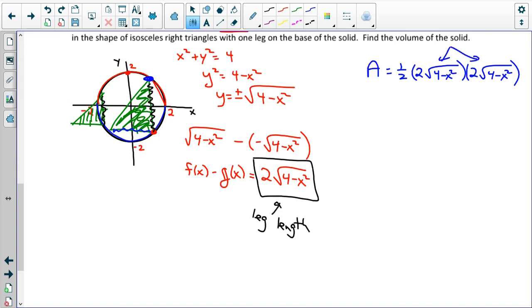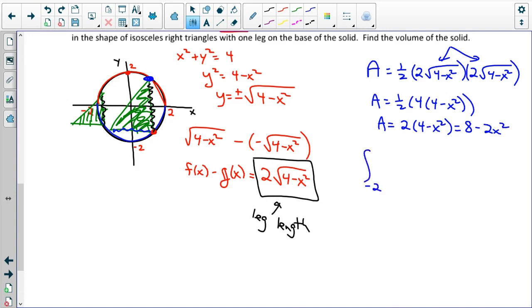Since these are the same, we can just write it twice, or we could put a squared if we wanted to. So area equals 1/2 times 4 times 4 minus x squared. So the area function that we're going to be integrating is 2 times 4 minus x squared, which is 8 minus 2x squared.